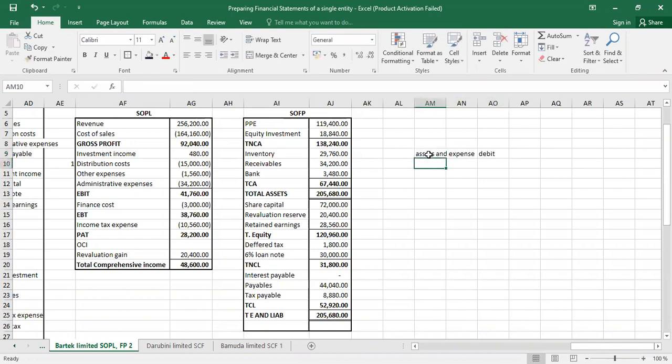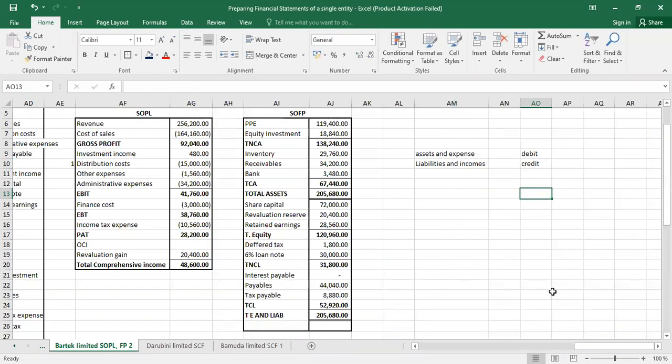The adjustment: liabilities and incomes, we credit, isn't it? Now doing the adjustments, this is what you do, isn't it? So this one is a very important tip.